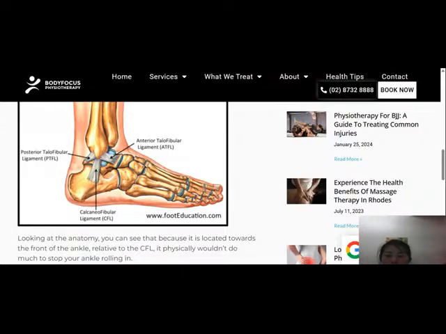So what are the common points used for acupuncture treatment? The first one is the ashi point, which is the trigger point, the tender point directly on the spot of the pain.